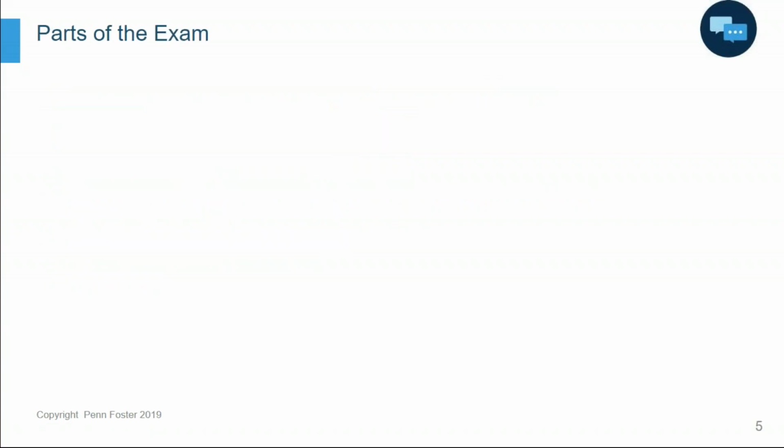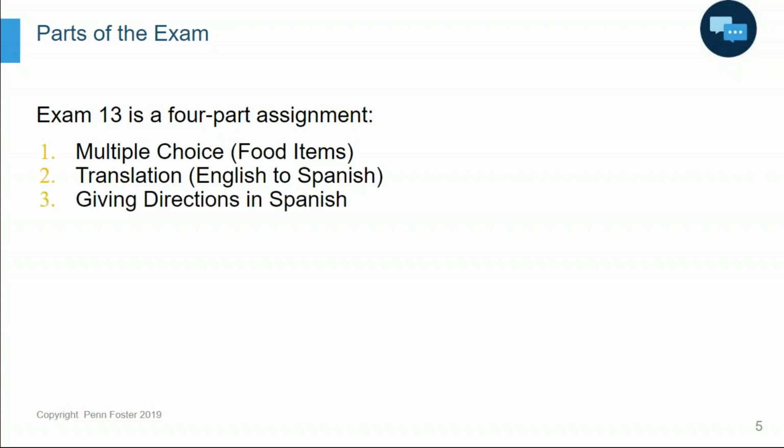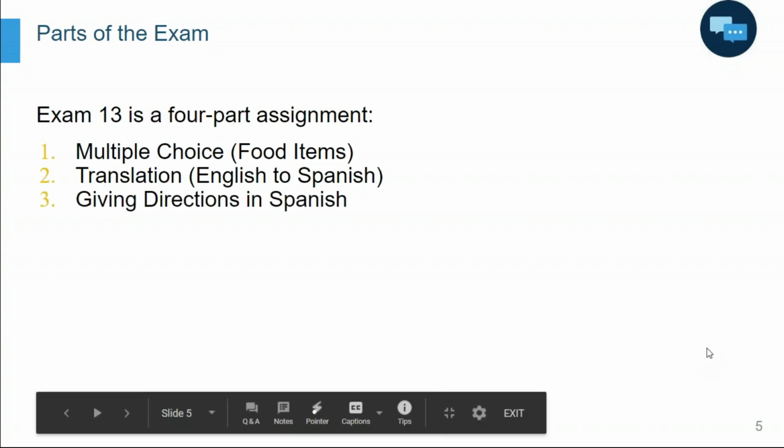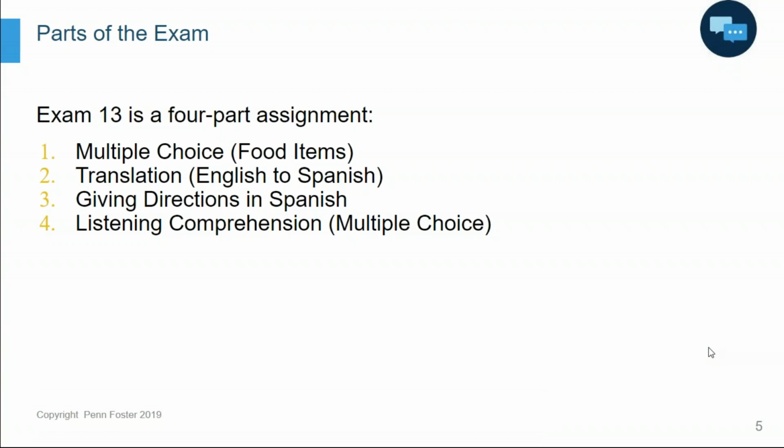The Lesson 13 exam is a 4-part exam. You have multiple choice, you have translation from English to Spanish, giving directions in Spanish to get from one place to another, and there's a listening comprehension section as well, which is multiple choice.